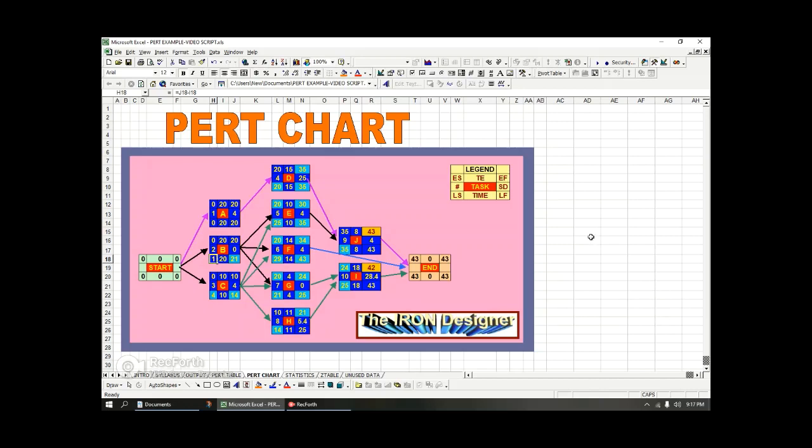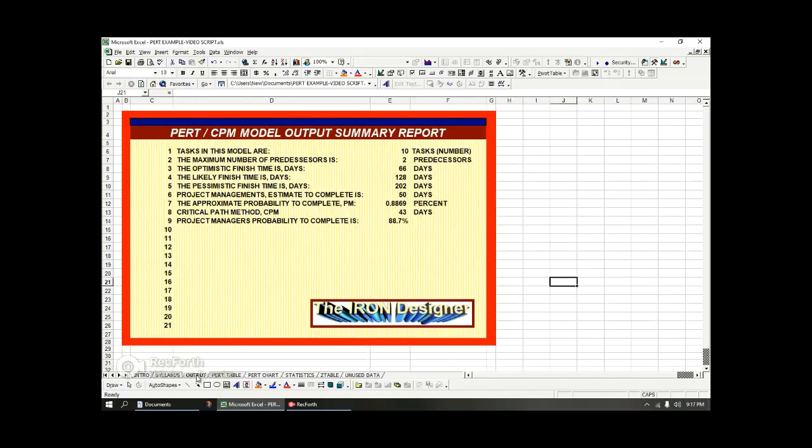So the late start on B is a 1. If you guys comment below, I will make a video using this same chart. I'll just add on things like slack and float, but I'm not going to discuss it in this video.